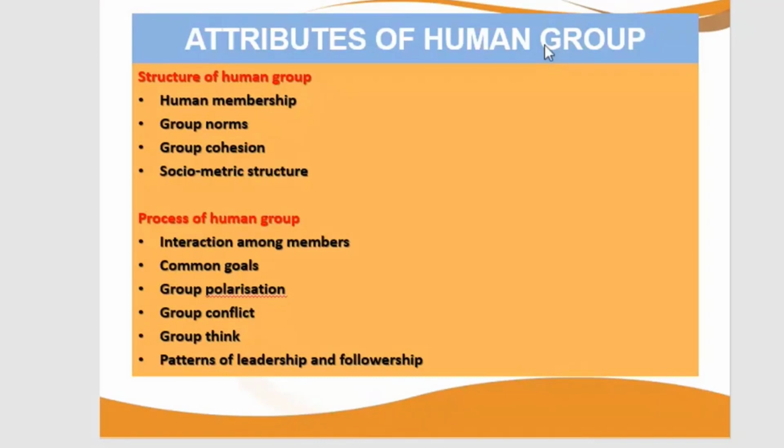Then interaction of groups. We have intergroup relation. Intergroup relation is divided into individual level explanation, interpersonal level explanation, positional level explanation, and ideological level explanation.